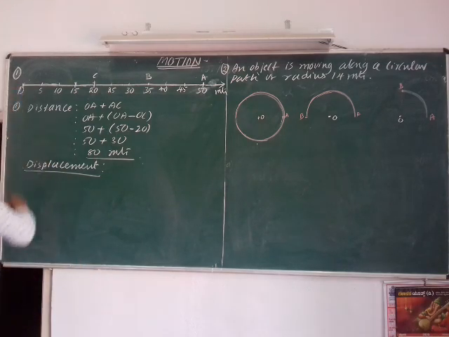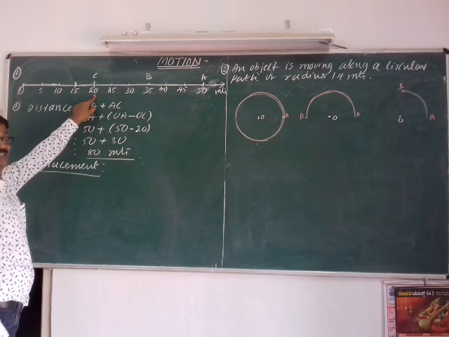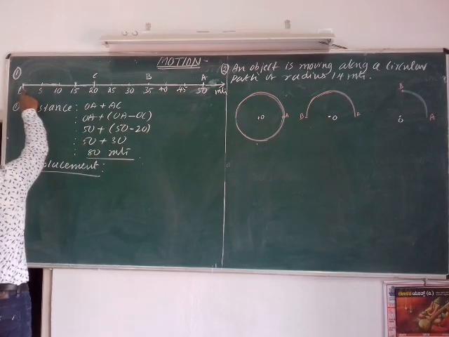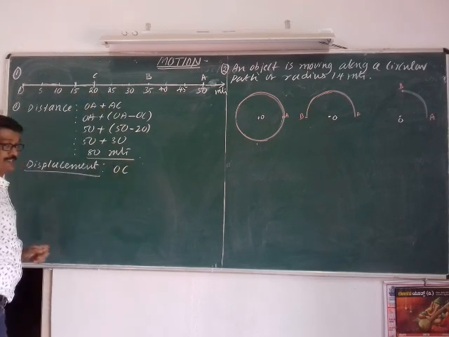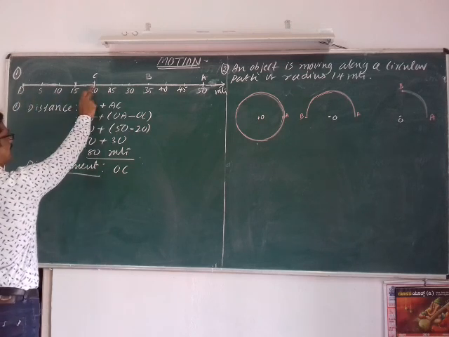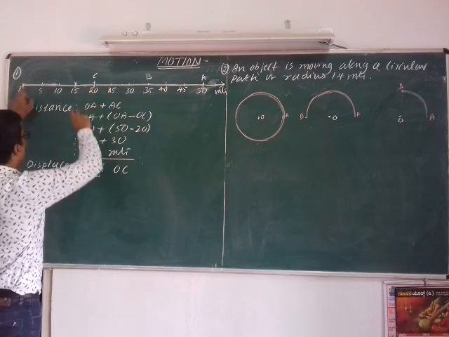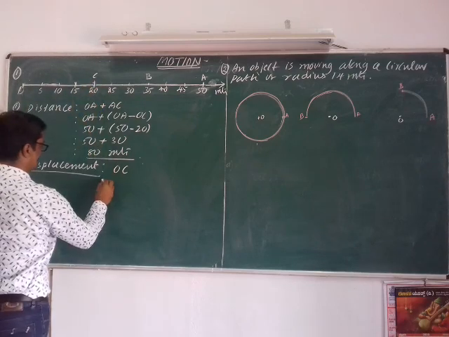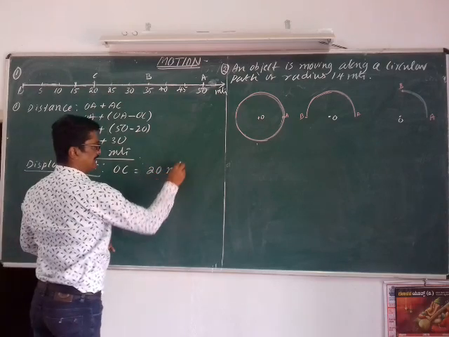So here the initial position is O and the final position is C. So we have to consider OC. The shortest path is OC. That is equal to 20 meters.